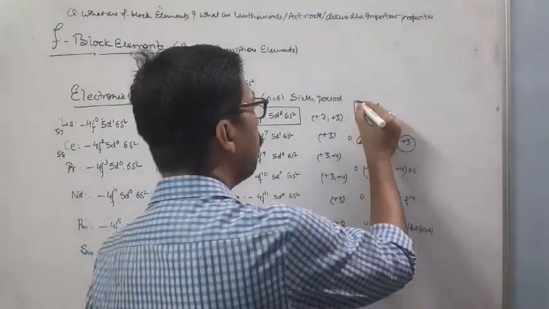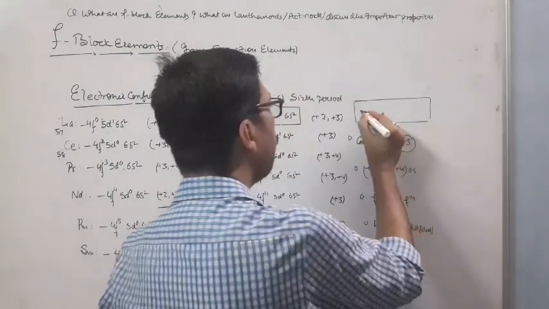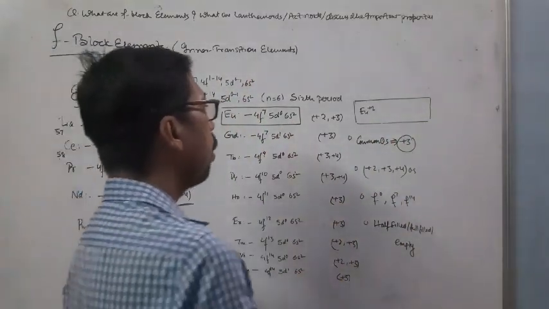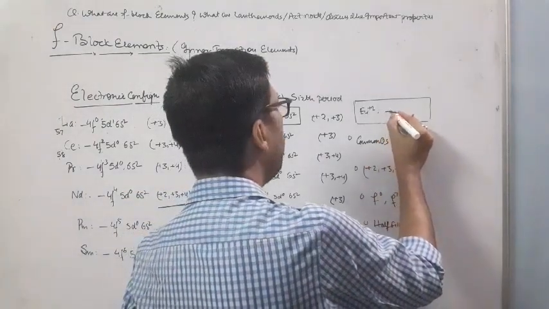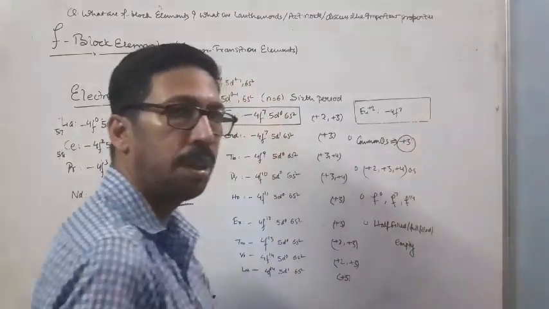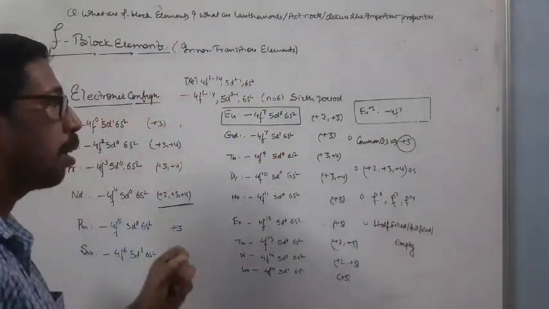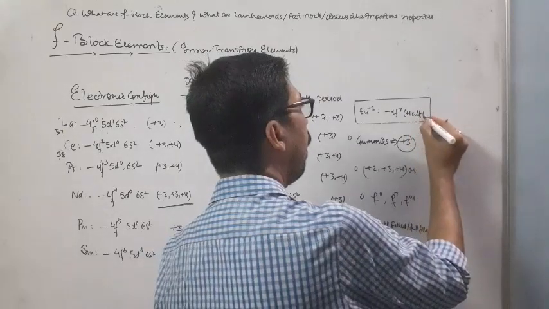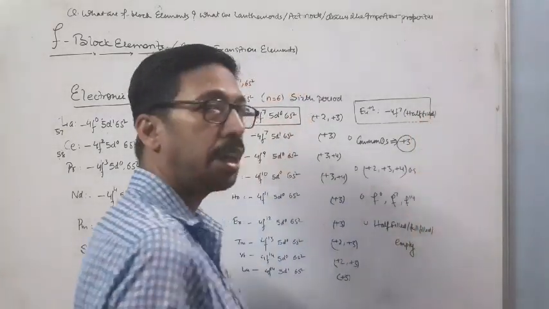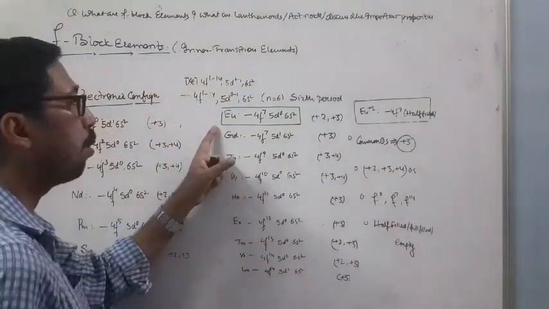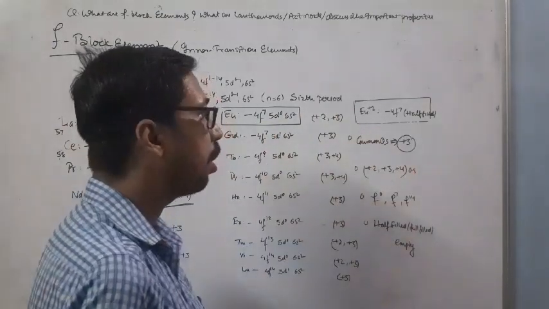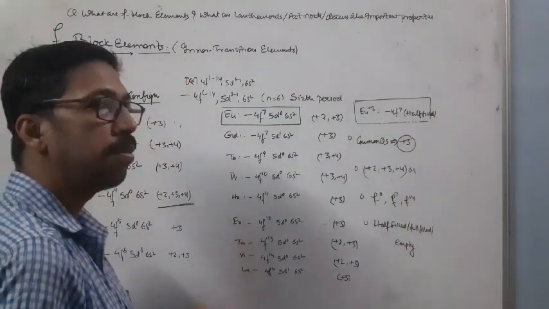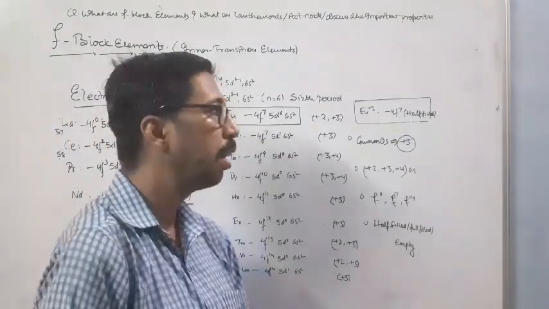So in the plus 2 oxidation state, if we write Eu2+, it means electrons will be removed from the 6s orbital and it will have 4f7 electronic configuration, particularly for the 4f orbital, which is half filled, and which indicates that the plus 2 oxidation state for europium is considered a stable oxidation state because it gets stability from the half filled f orbital electronic configuration.